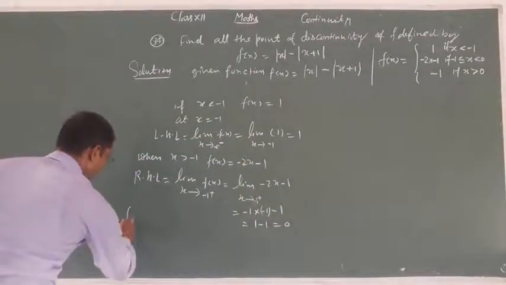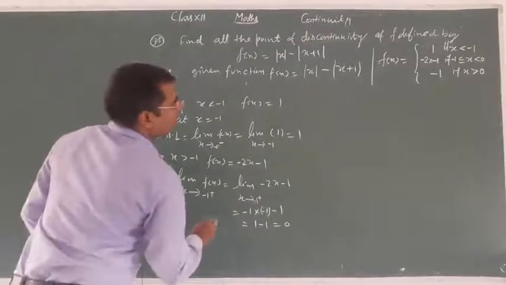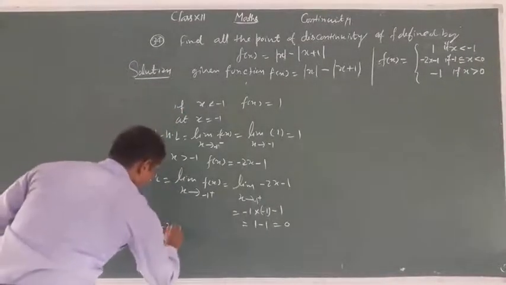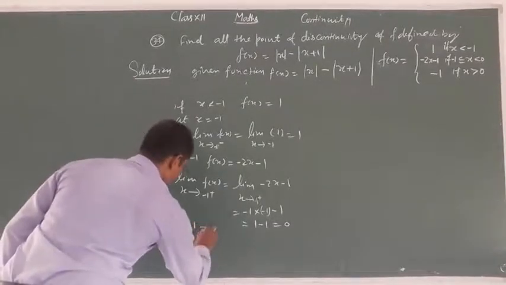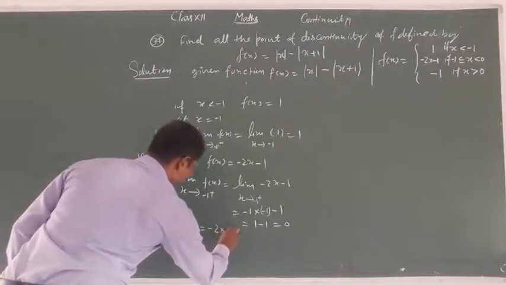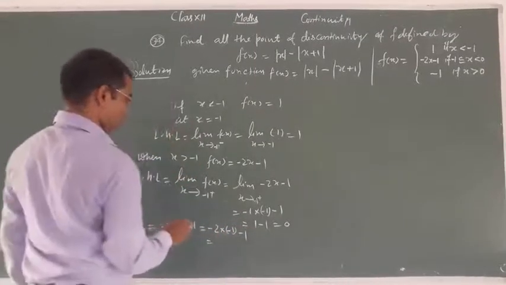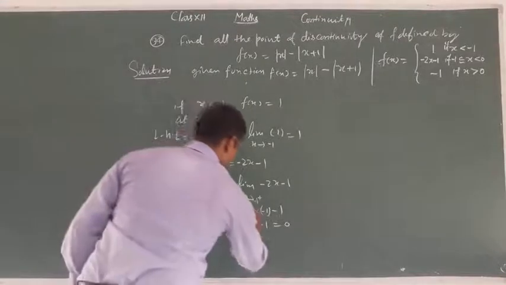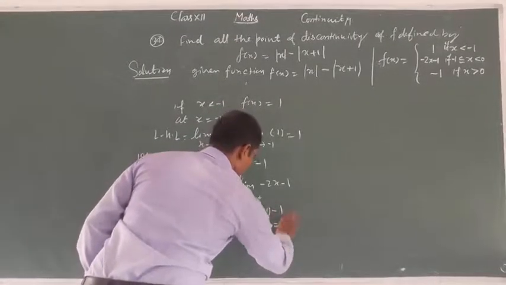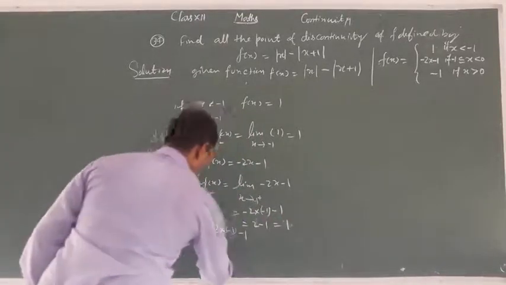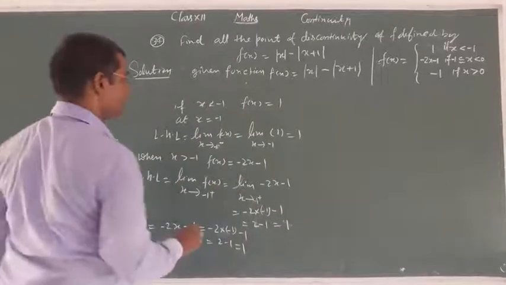And the value of f(x) is equal to minus 2x minus 1, so minus 2 into minus 1 minus 1, so 2 minus 1 is equal to 1.